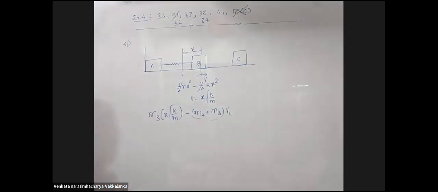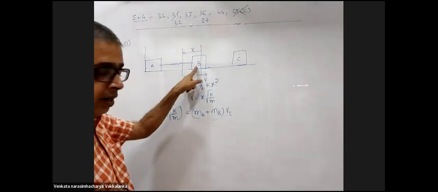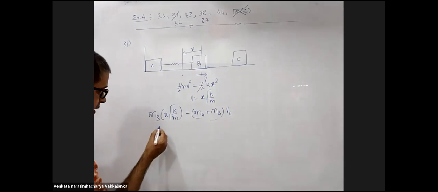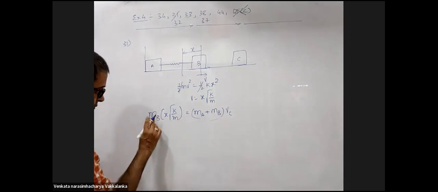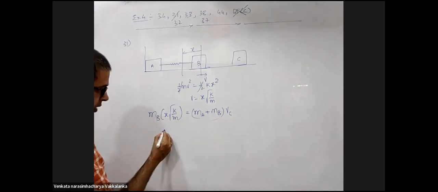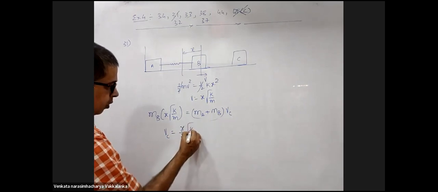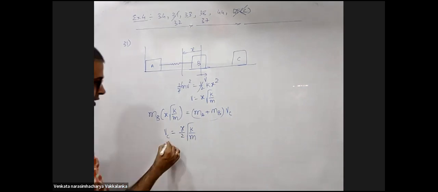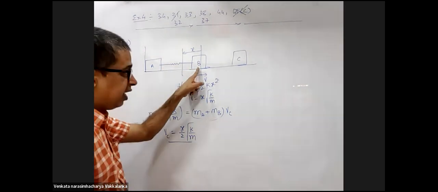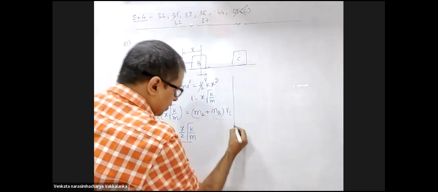This should be the velocity with which they are traveling when there is maximum elongation. So M and M will go. This will be v common is equal to x by 2 under root k by m. This is the velocity of both A and B when A collides with C.